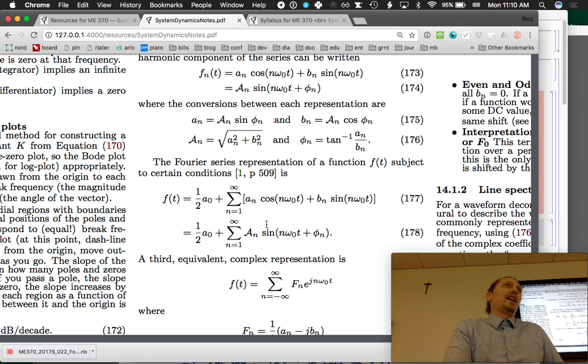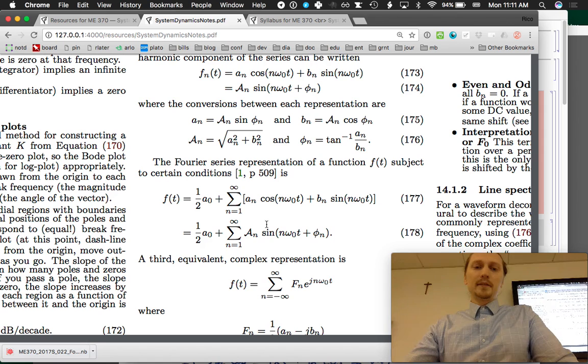Saying like, okay, we have this one type of function, sinusoid. We can write other functions as just a sum of a bunch of these sinusoids. That is not obvious that you could do that. It's not obvious to me. I don't think it's obvious to most people. So it's a pretty radical thing, but it works. And we're going to see an example of that today, of it just working.